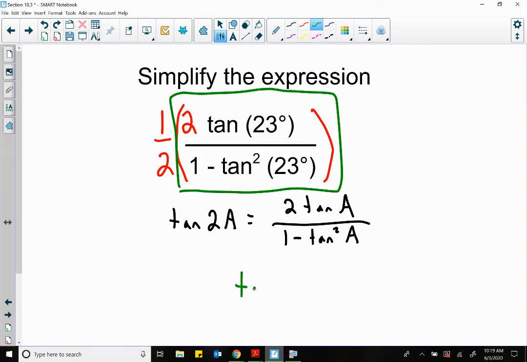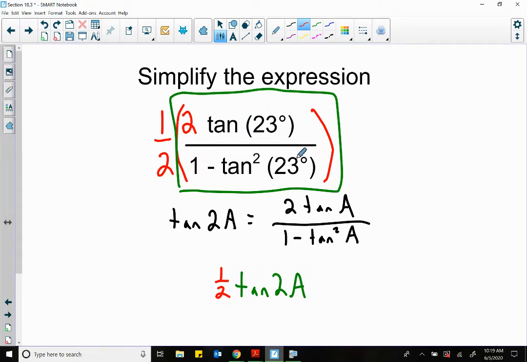So what you're looking at then is everything inside my parenthesis here becomes tangent 2A. Anything that was not inside my parenthesis just gets put in front of it. So that 1/2 right there is right here. What they did, in order to get this expression right here, is we took a half times the tangent double angle.